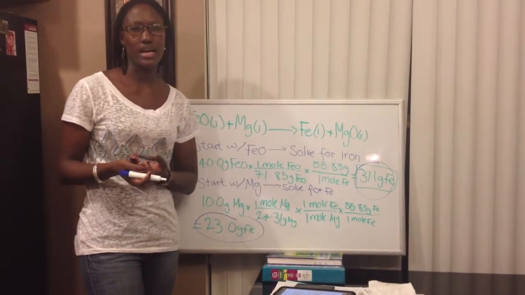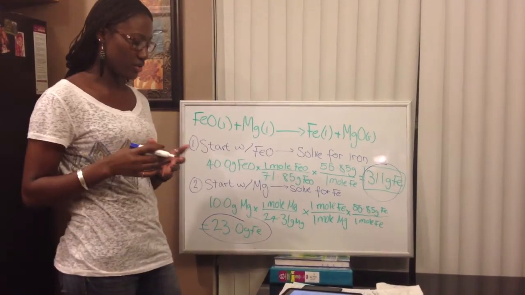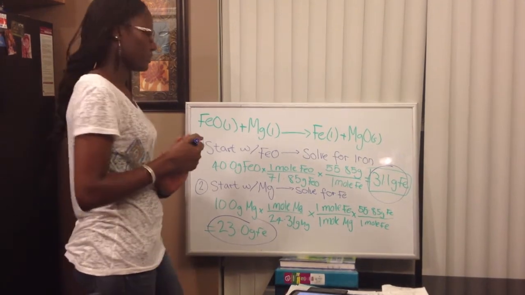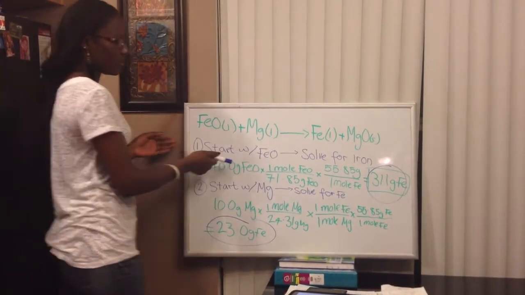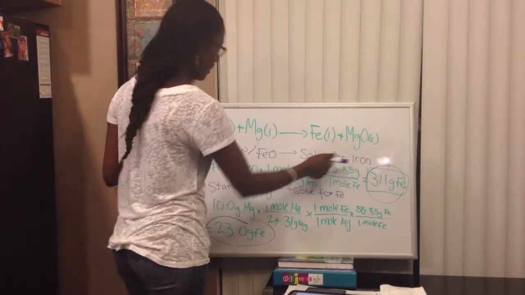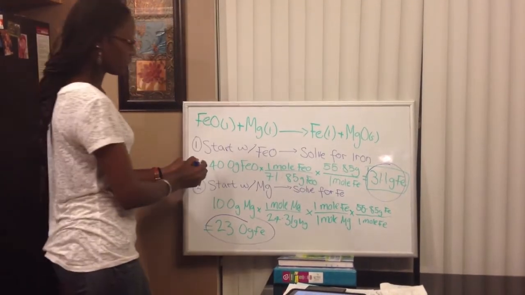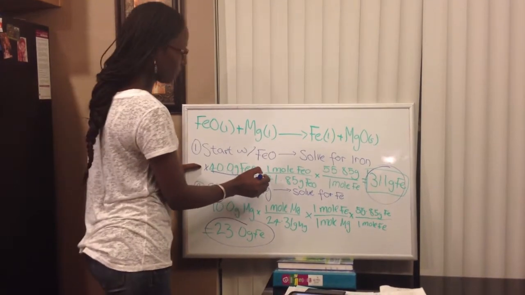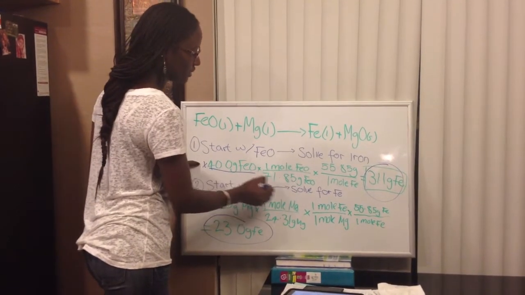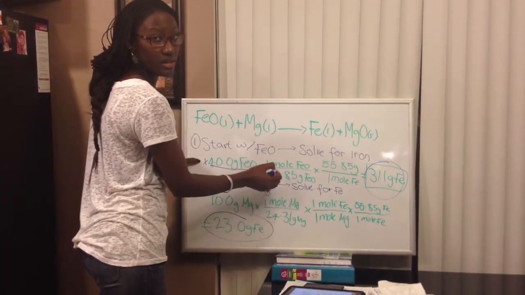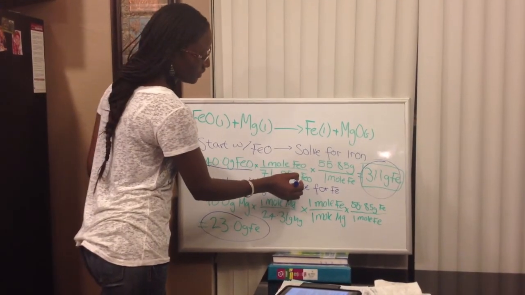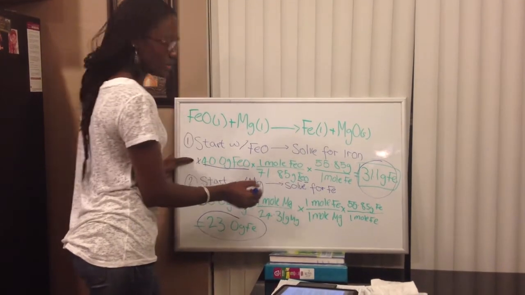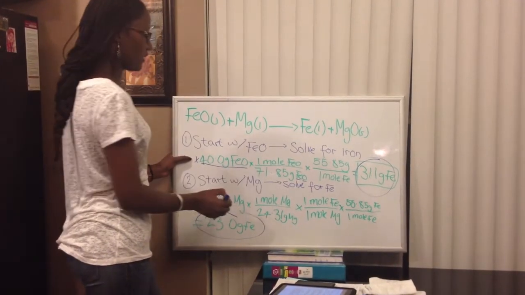So the next question we ask is, how many grams of iron do we need? We start with the iron oxide and we solve for the iron. In order to do that, we take our given, which is 40 grams of iron oxide, and then we find the atomic weight of iron on the periodic table. So we have the atomic weight of iron added to the atomic weight of oxygen, and together they make 71.85 grams.